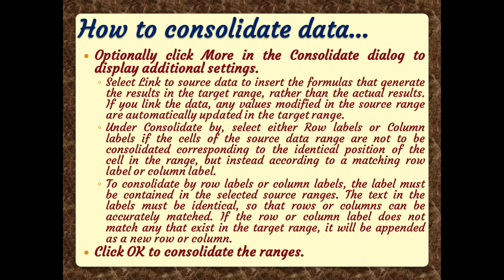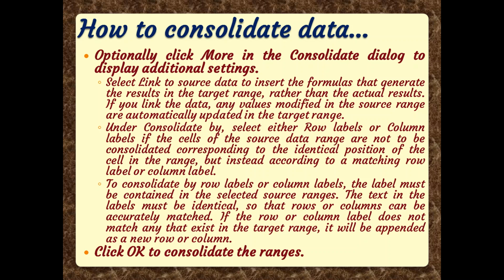And through the row labels and column labels, if the cells of the source data range are not to be consolidated corresponding to the identical position of the cell in the range, but instead according to a matching row label or column label. Means wherever the data is to be matched, if your format is not okay, then in row label and column label settings, reading of your data becomes very difficult. To consolidate by rows or columns, the label must be contained in the selected source ranges. The text in the labels must be identical so that rows and columns can be accurately matched.